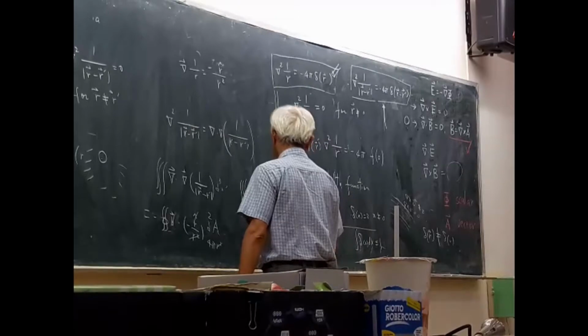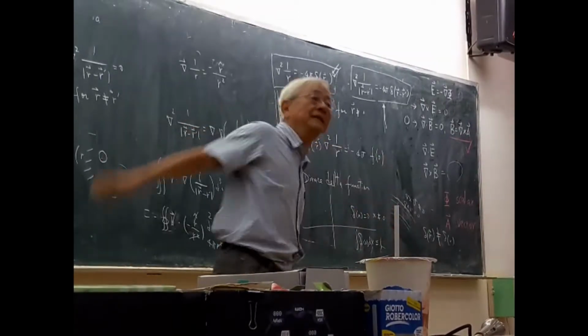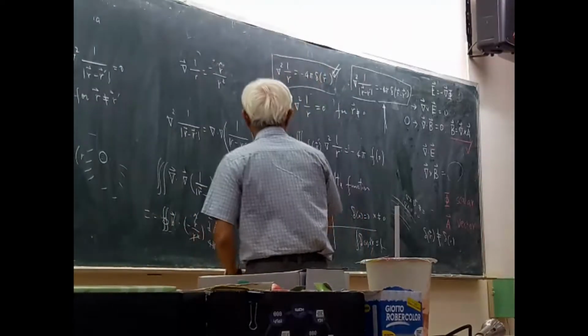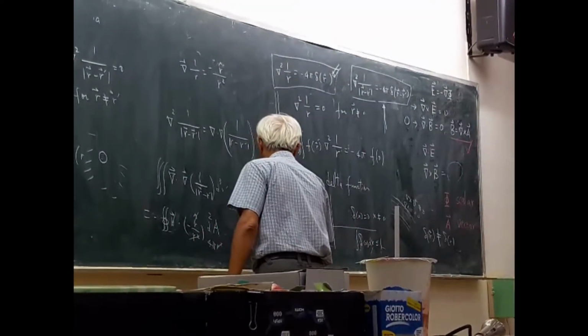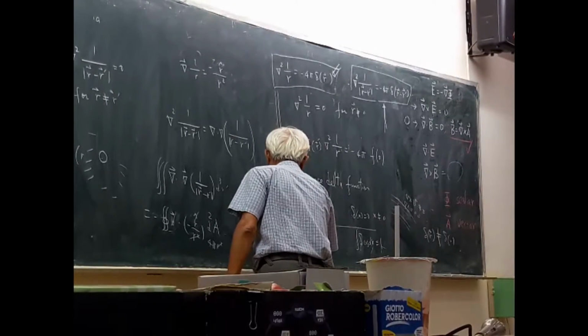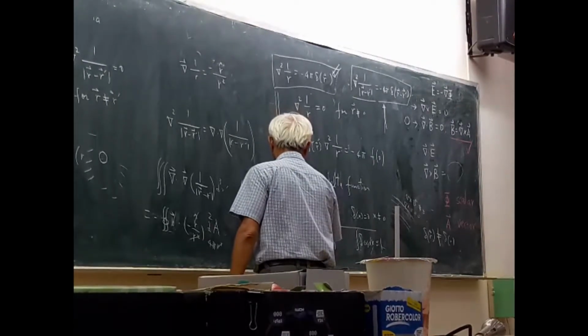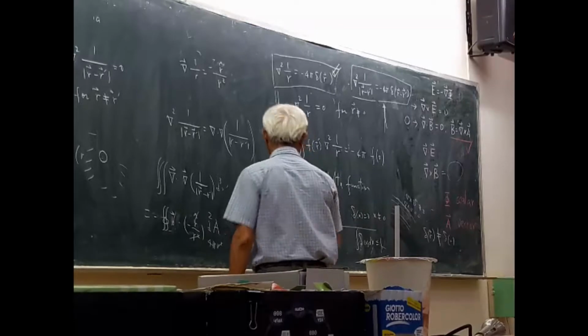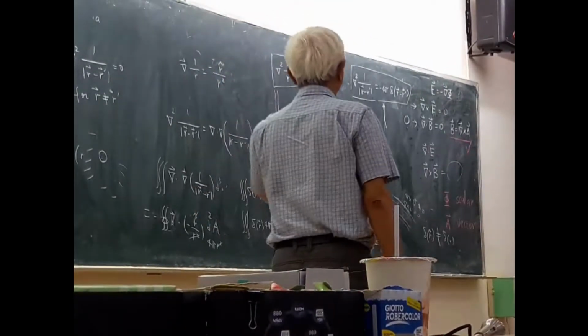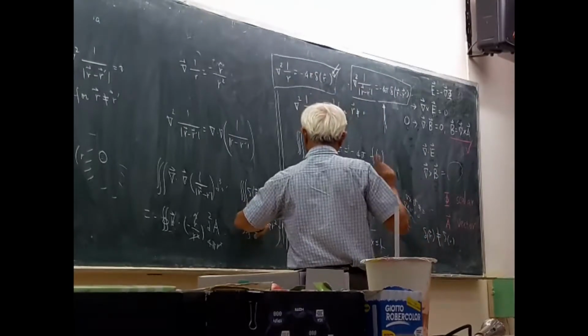So that is not right. And when you make an integration, that is delta R times 4 pi r squared, something like that. So there is a proportion.